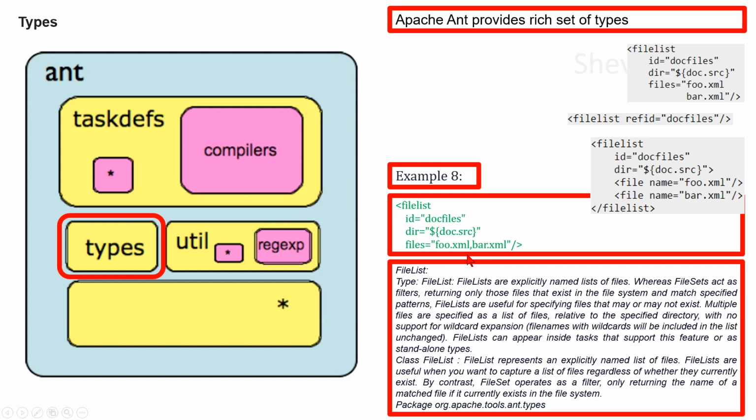File lists are useful for specifying files that may or may not exist. Multiple files are specified as a list of files relative to the specified directory. With no support for wildcard expansion, file names with wildcards will be included in the list unchanged. File lists can appear inside tasks that support this feature or as standalone types.